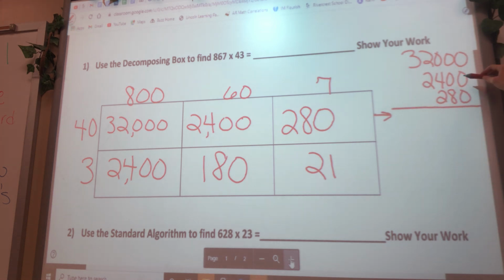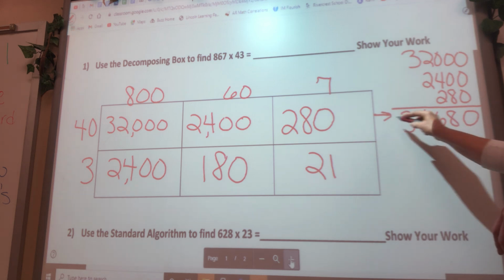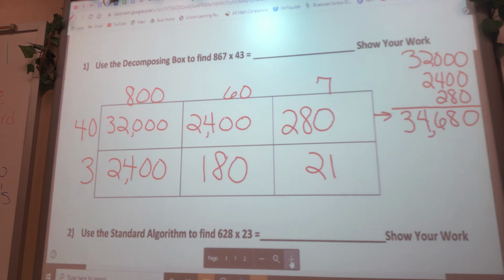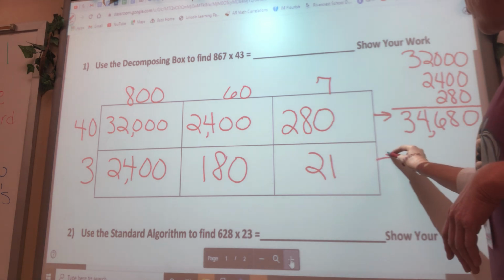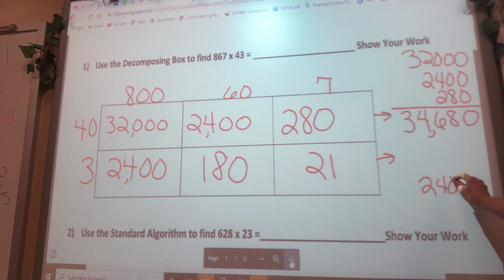So we would have 0 plus 0 plus 0 is 0. 0 plus 0 plus 8 is 8. 0 plus 4 plus 2 is 6. 2 plus 2 is 4. And 3 plus nothing is 3. So for our top, we have 34,680.